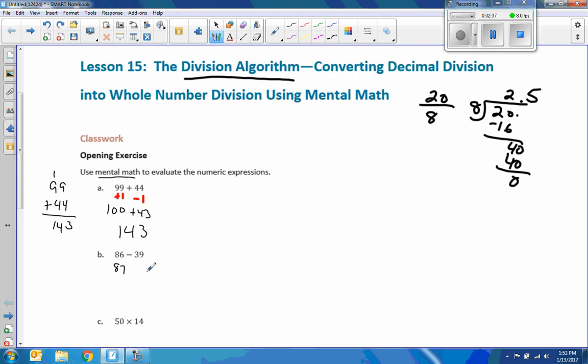So you're really decreasing 39 to negative 40, if you will. Because 86 minus 39 is saying 86 plus a negative 39. So if I add 1 to 86, I get 87. And if I add 1 to 39, I'm really subtracting 1 to get the negative 40. So when I say add 1, it's really adding a negative 1.